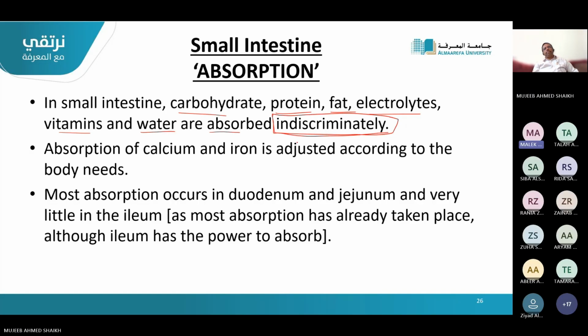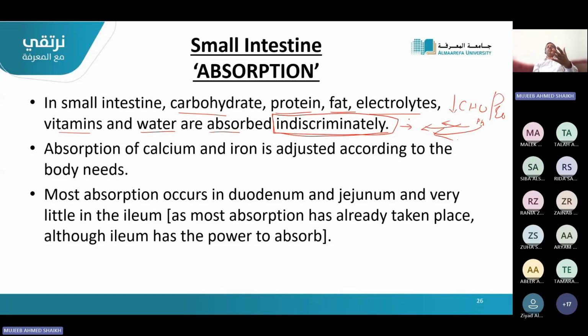Like they just take it without any hesitation. Yes, without any hesitation. If you eat a lot of carbohydrate, it will be absorbed. If you eat more protein, it will be absorbed. If you eat little protein, it will be absorbed. So no quantity variation. Whatever the quantity, they will be easily absorbed. So this is called indiscriminately.